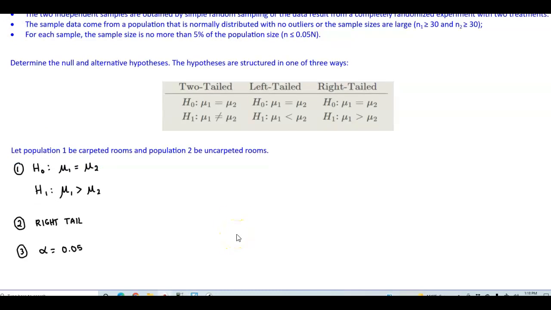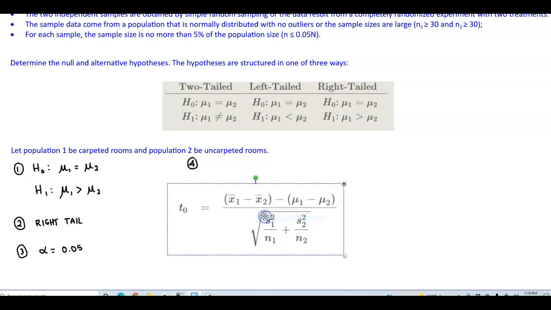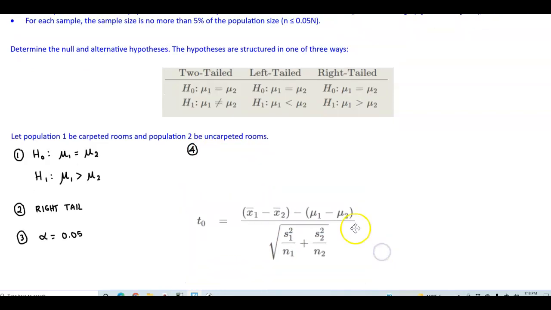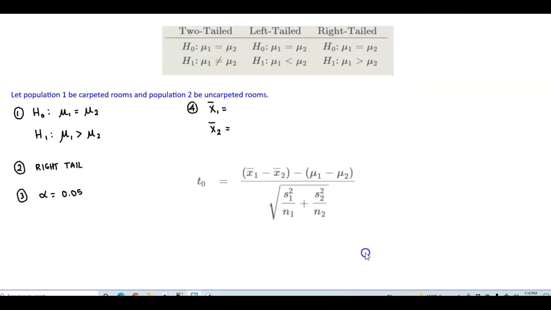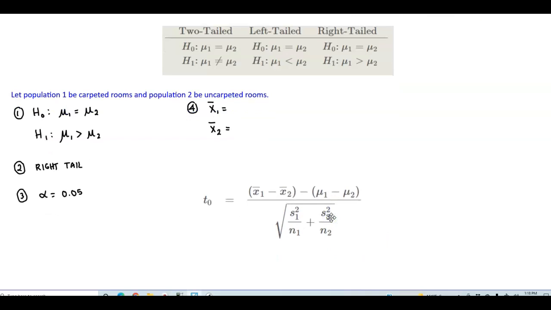Okay, now the next step is to determine the test statistic. So here is the formula for the test statistic. That means we need to find the mean of population 1, which is the carpeted rooms. And then we also have to find the mean of population 2. Then we also need the standard deviation of population 1 and the standard deviation of population 2.